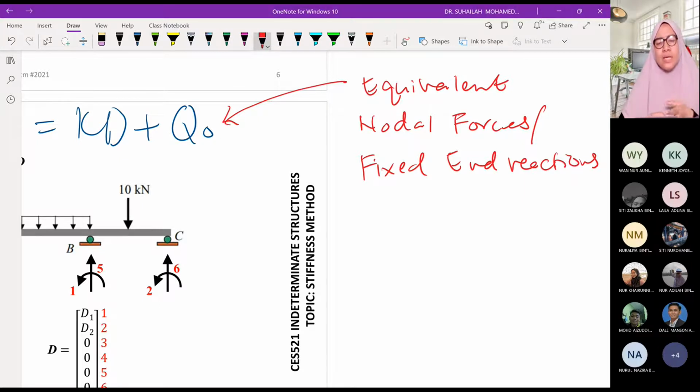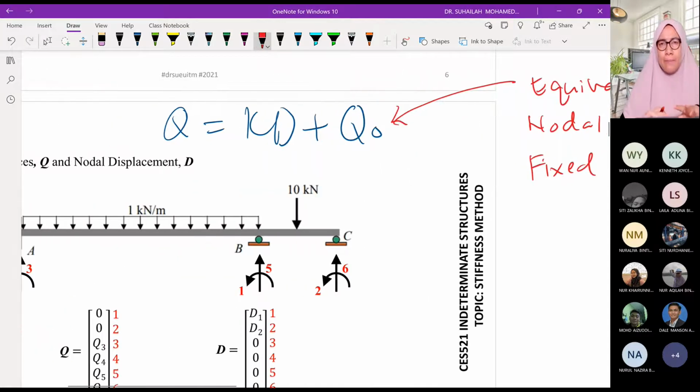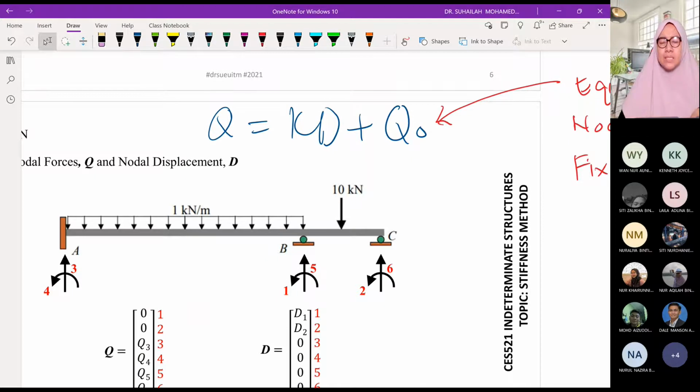So Q naught ni is for, okay, for members yang macam ni, yang ada loading on top of the member. We have to distribute the loading to the nodes.